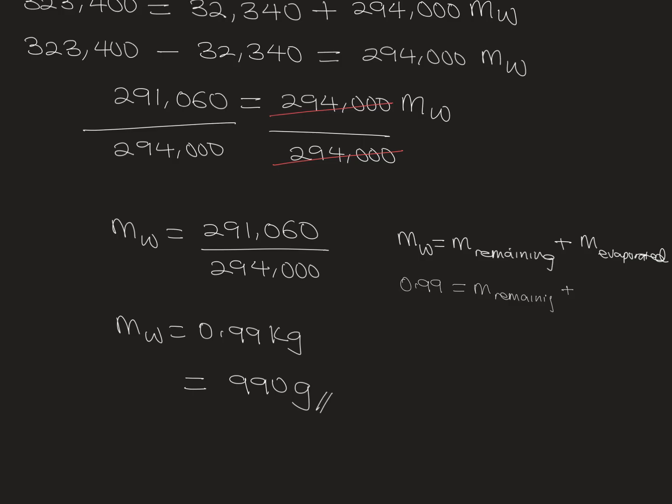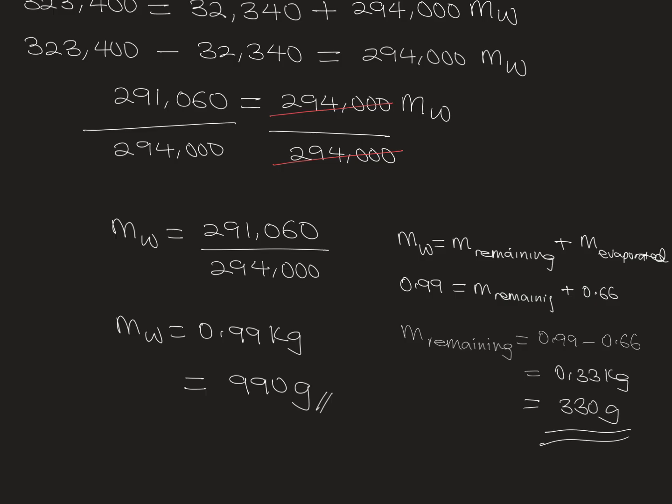So that is 0.66 kilograms. Which means the mass of the water remaining is going to be 0.99 minus 0.66. So that is 0.33 kilograms, or simply 330 grams. That was the mass of the water remaining.